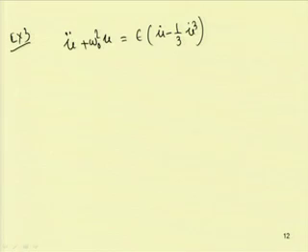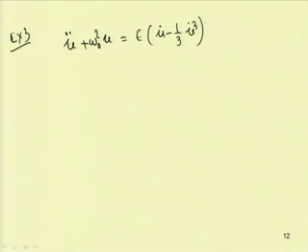For steady state, one can put u dot and u double dot equal to 0. By putting u dot and u double dot equal to 0, one can obtain the equilibrium solution as omega 0 square u equal to 0, or u equal to 0. So this u equal to 0 represents the equilibrium solution in this case.